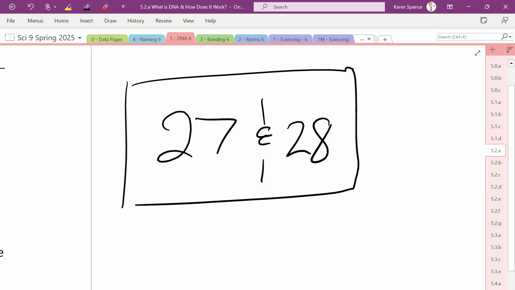How many strands does DNA actually have? How many strands make up the DNA? So you count each side of the arc. Well, actually, one strand, two strands.